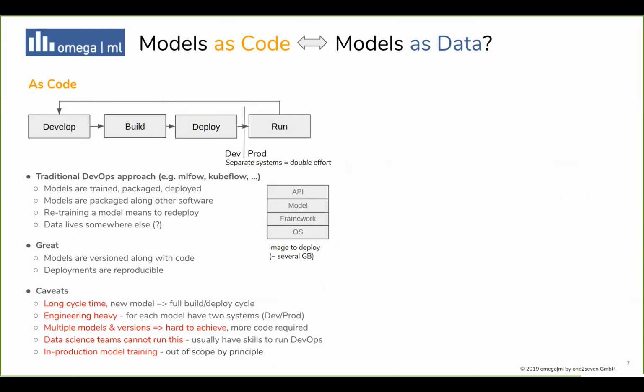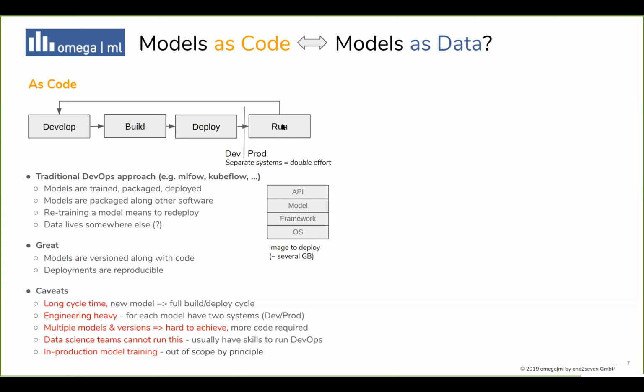And the way we would traditionally do this, if you go to your IT department or your software developer and tell them that I have this model I want to deploy, they will draw some picture like this and say, okay, we can develop the system, and then at some point we will build some software package that we can install, and then we will deploy that package first maybe on a development server and then on a test server, and when we are sure that it runs correctly, we will deploy that further onto the production system, and then we can run that.